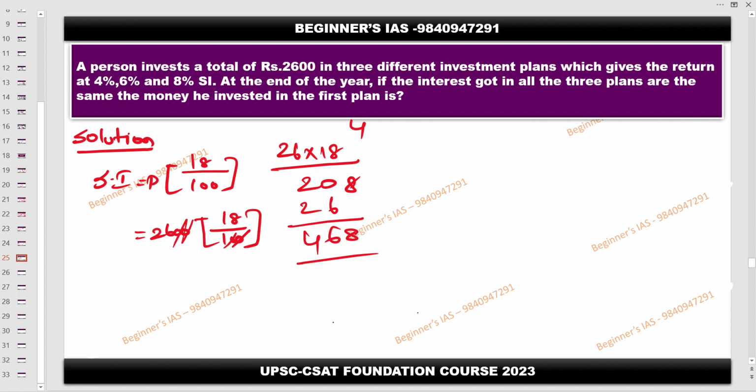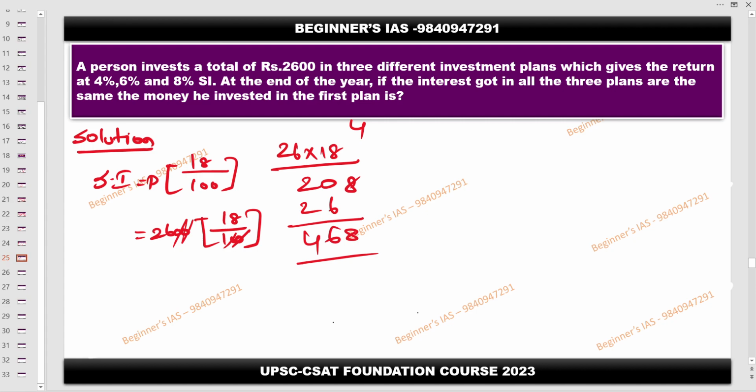Yes. If the interest got in all the three plans is the same, the money he invested in the first plan. What is the question here? How could you calculate this?